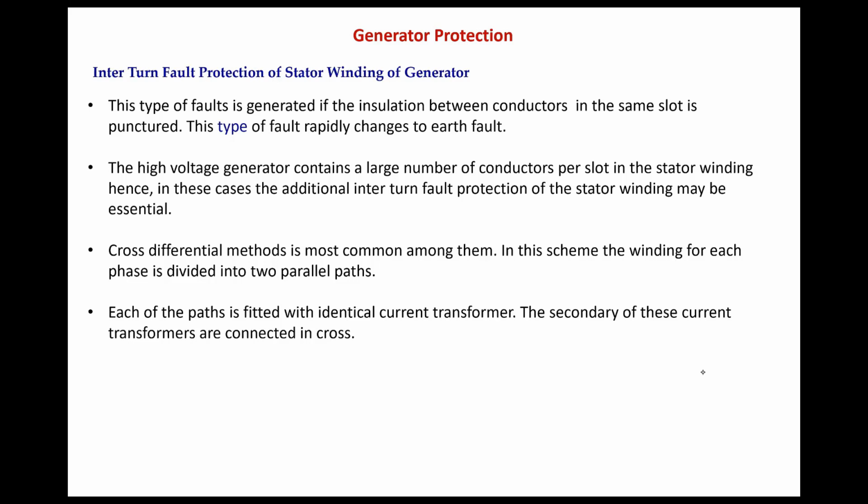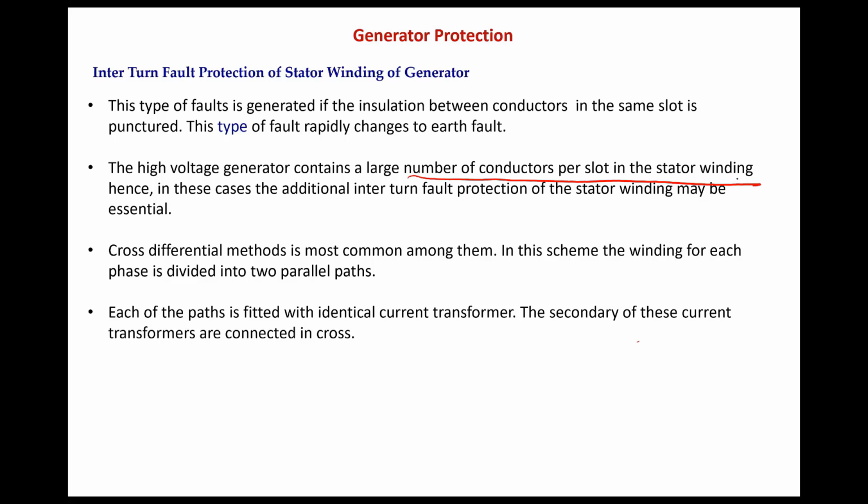Each slot contains a number of conductors in a closed path. Two conductors in a closed path will form one turn. So two conductors form one turn inside the stator. As the machine size increases, the current rating increases, and the number of conductors per slot in the stator winding will increase.